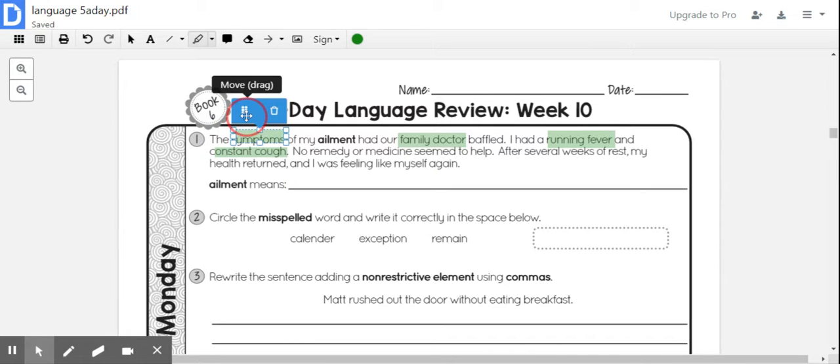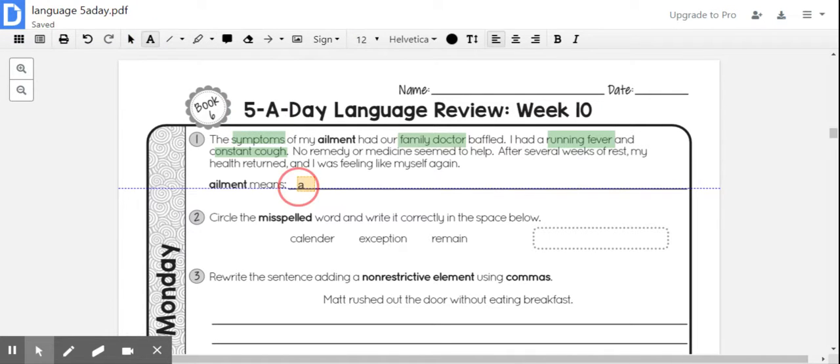So all of those different words are basically telling us that an ailment is going to mean a sickness, an illness, or a disease. Okay. And that's based off of how the word is being used. And again, using the other words in that short passage to figure out the meaning.